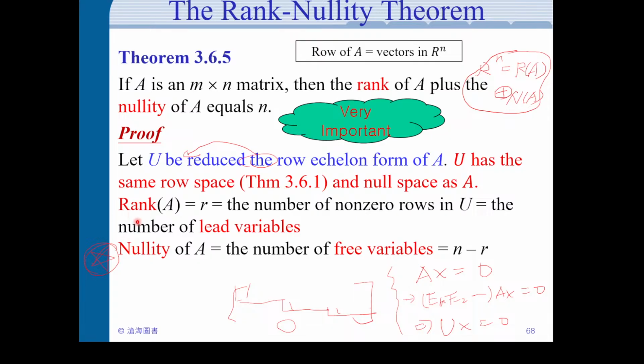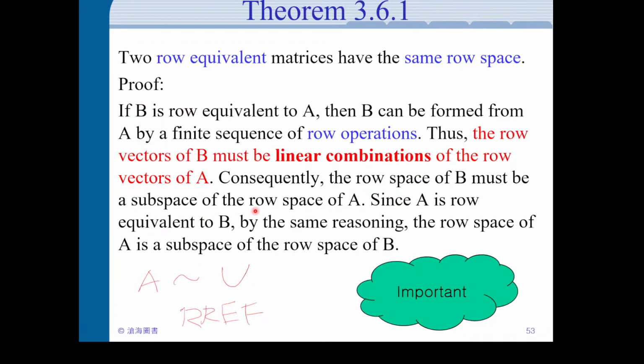And because the rank of a matrix is the dimension of its row space, we know the rank of A is the number of non-zero rows in U. This is also something we already know.